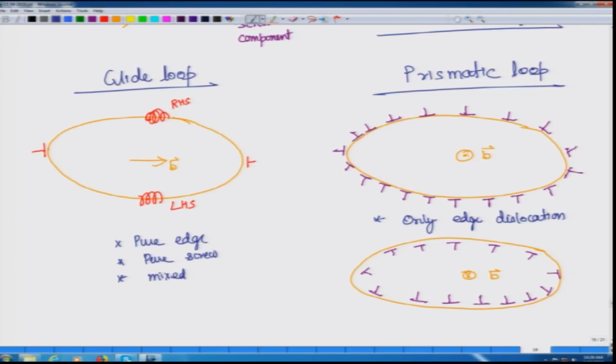So, now that we have understood dislocations in a general way, we have looked at edge dislocation and screw dislocation, their individual characteristics and some of the other properties, for example, the relation between b and u and all those additional parameters.